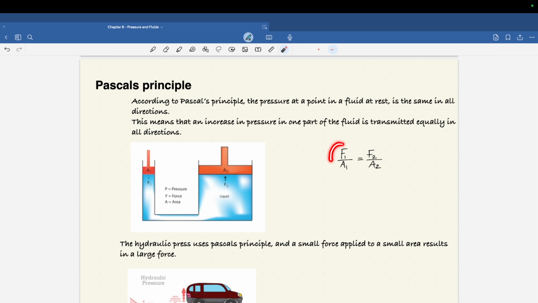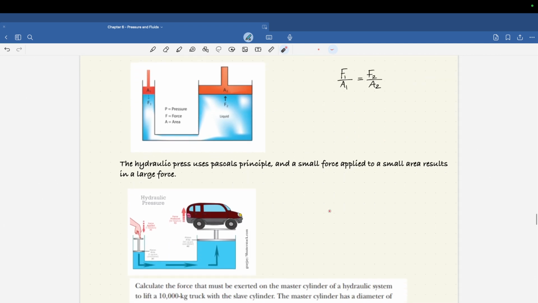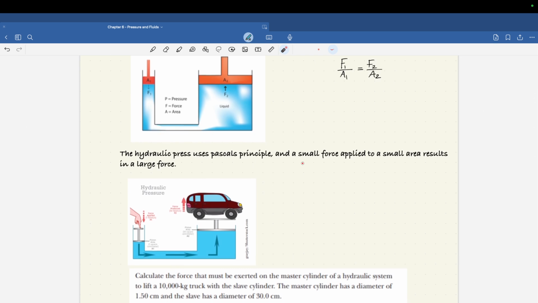So what we did is just put the pressures to be equal, because we know, according to Pascal's principle, that the pressures in both should be the same. So F1 by A1 is F2 by A2. So significance, a small force applied to a small area results in a large force.